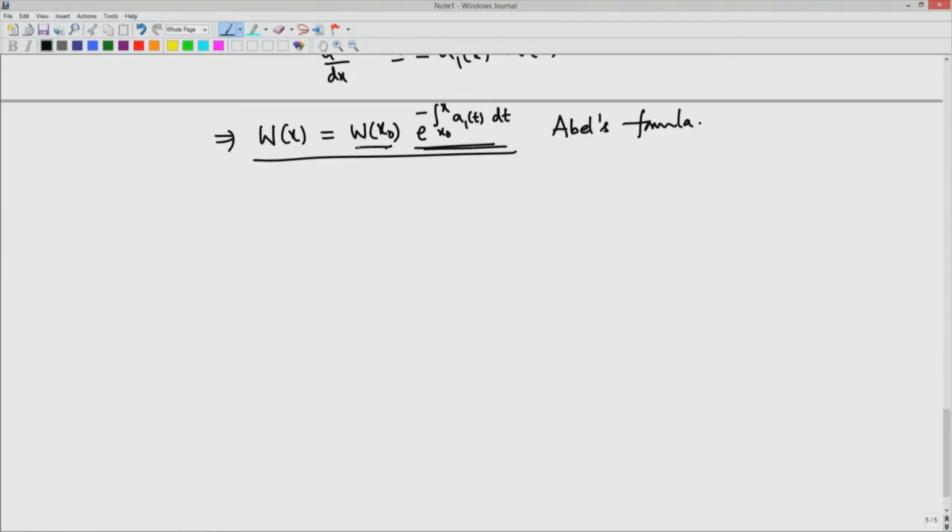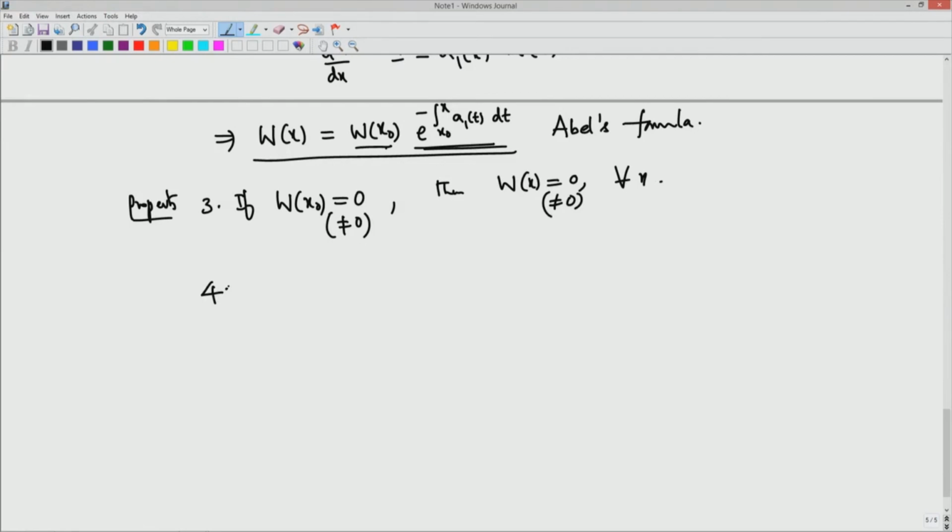So that is Abel's property 3, that is Abel's formula: the Wronskian is either 0 for every x or non-zero for every x. That is property 3.